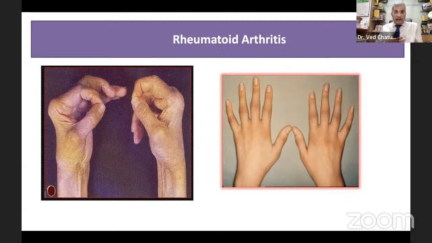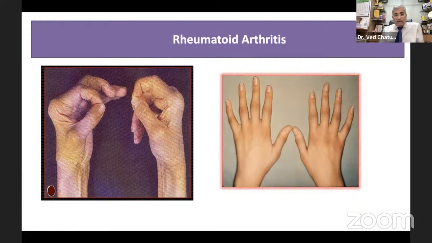Like me, I was the first person in this country to start ultrasound of the joints. If you do ultrasound of early rheumatoid arthritis, then you can see the synovium. The synovium, as I explained to you, is where the disease occurs. So how to see the synovium? Synovium can only be seen either by MRI or by ultrasound.